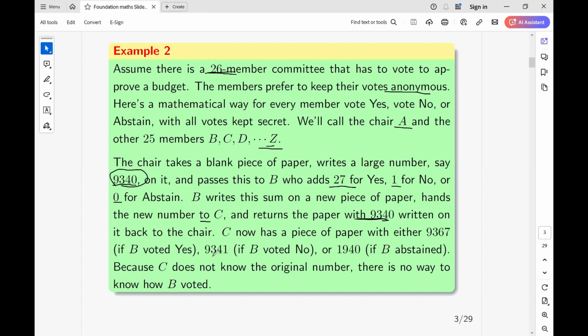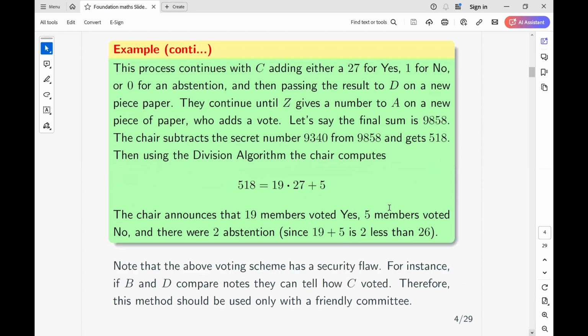Now, supposing that at the end of that voting exercise, the total goes to 9,858, the chairman will know how many votes were cast.